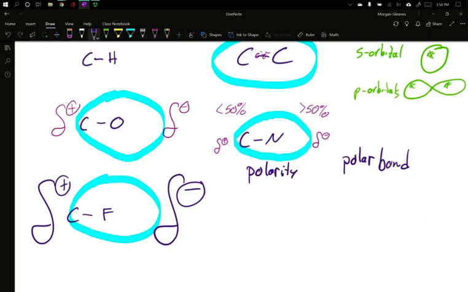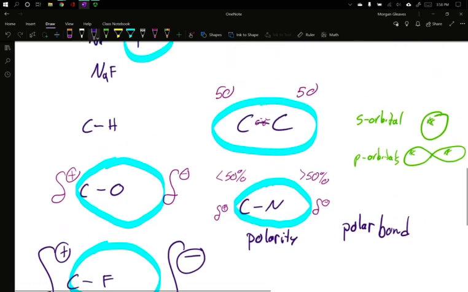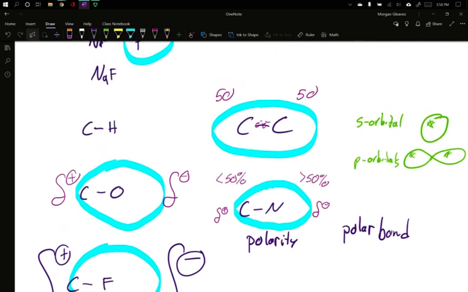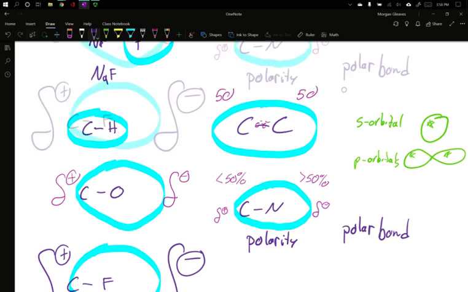So, what does it mean to be polar? And what does it mean that I haven't talked about CH yet? Now, if we think back to the values, carbon was 2.5 and hydrogen was 2.1. If anything, that should slightly imbalance towards carbon. Reality, though, is that is too small a change. So the reality is they are fairly even. You have to reach a certain level before that imbalance really becomes noticeable.